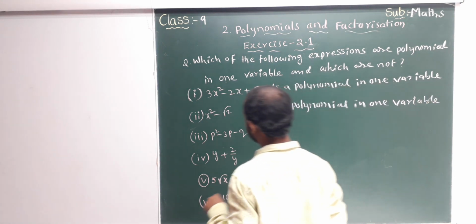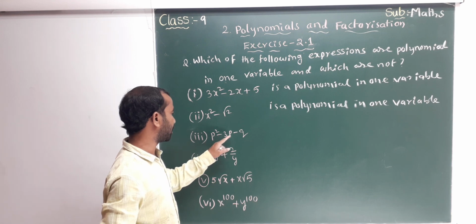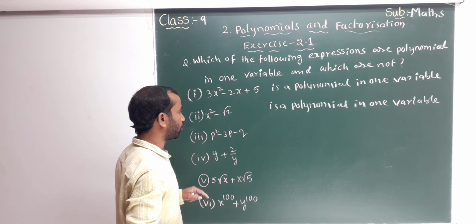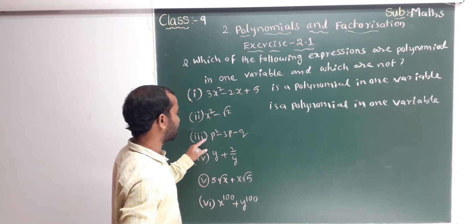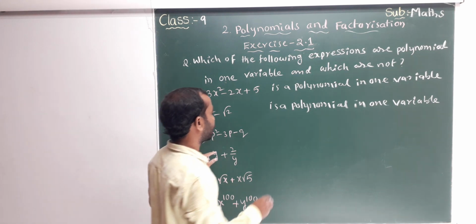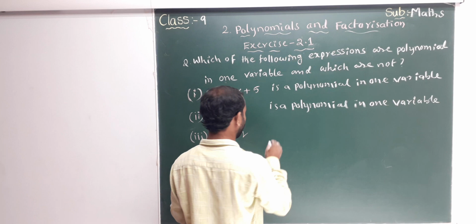Next, third one: p square minus 3p minus q. Here p and q are two variables, so this does not have one variable. So it is not a polynomial in one variable.